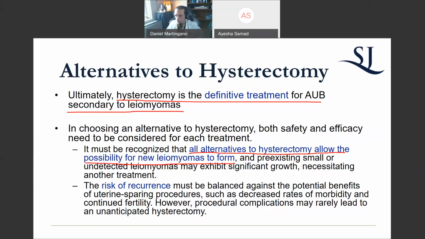So for example, if a patient is in her 30s and she has a myomatous uterus that's bothersome, and sometimes you'll have a patient who has quite a large fibroid uterus in her 30s, and she desires future fertility, for example.